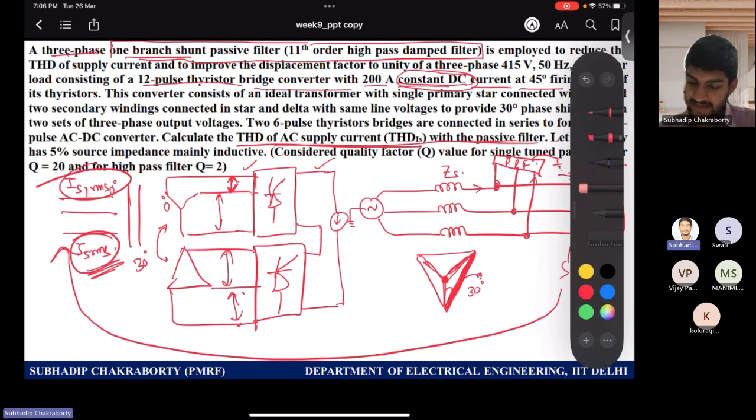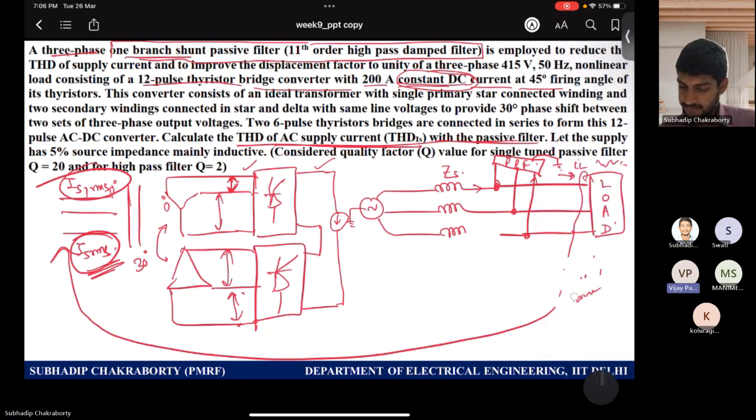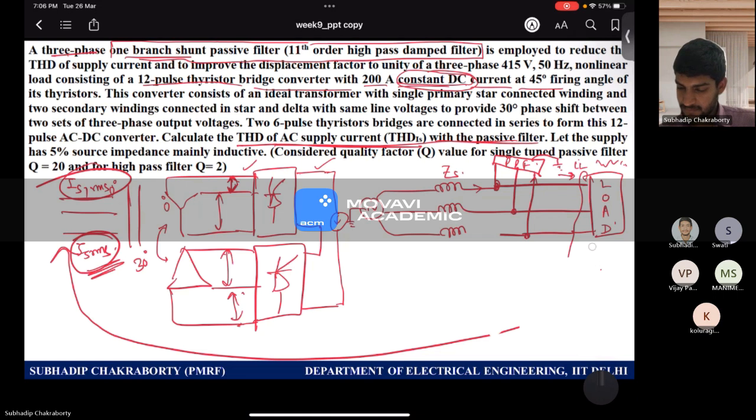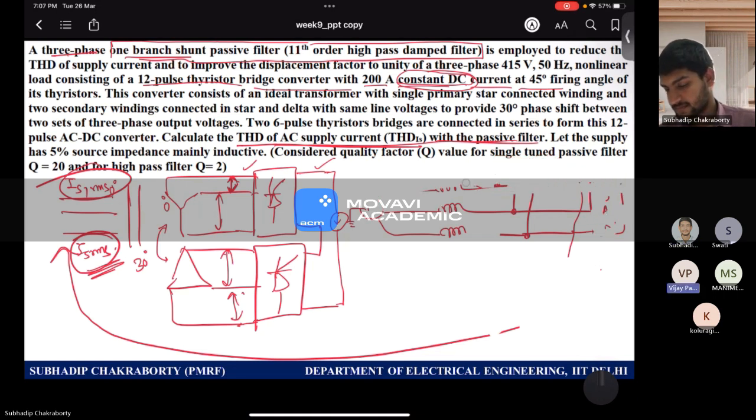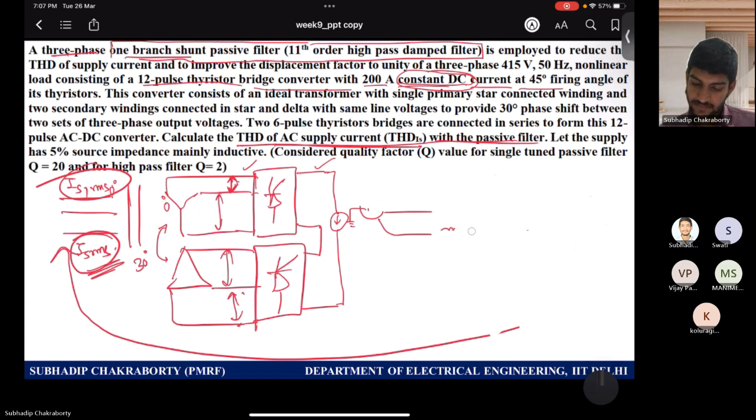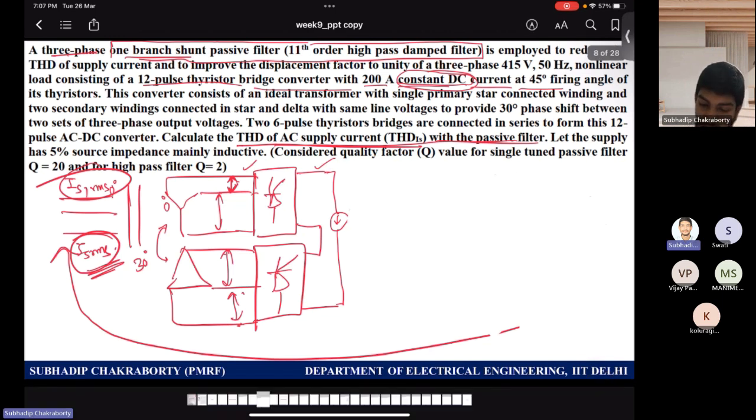Now let us dive into it. Can anyone tell me how to do this? Let's first draw the nature.